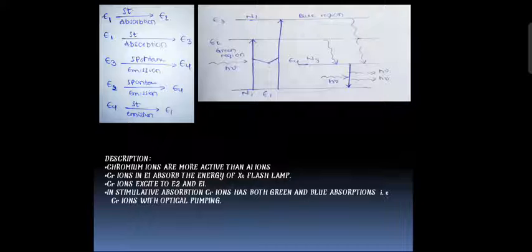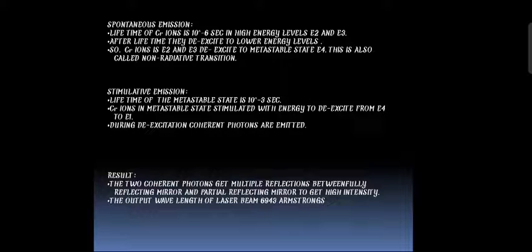Let's get into the description. Chromium ions are more active than aluminum ions. Chromium ions in E1 absorb the energy of the xenon flash lamp and then get excited to E2. In the stimulated absorption, Cr ions have both green and blue absorption, that is Cr ions with optical resonators.